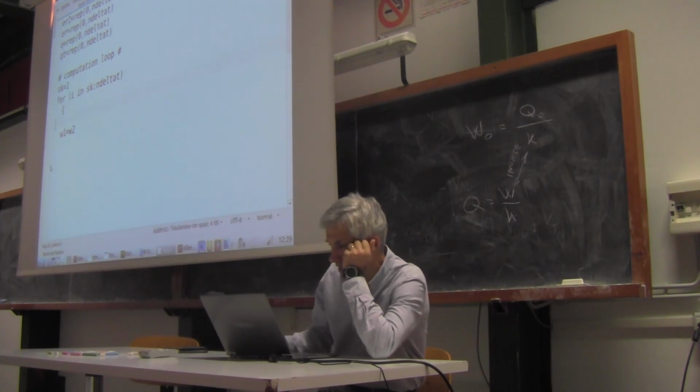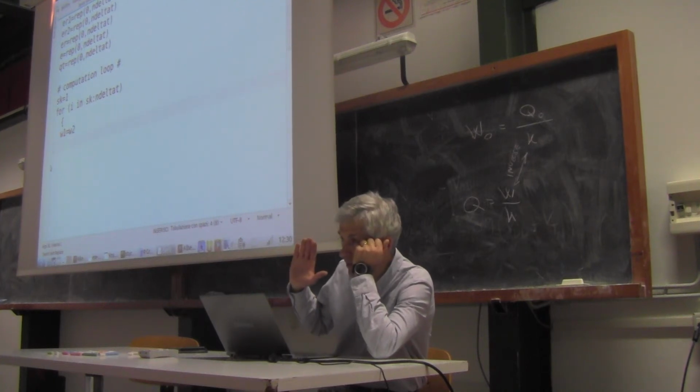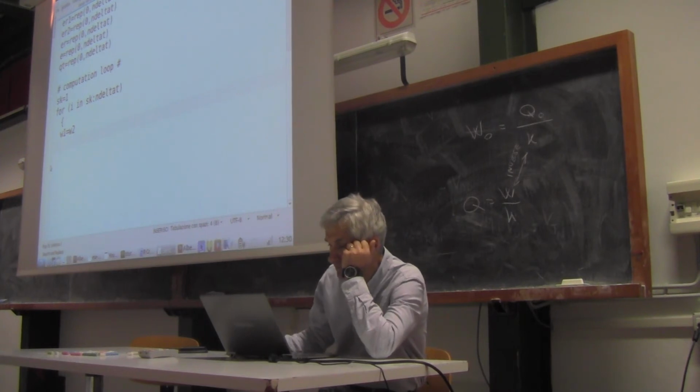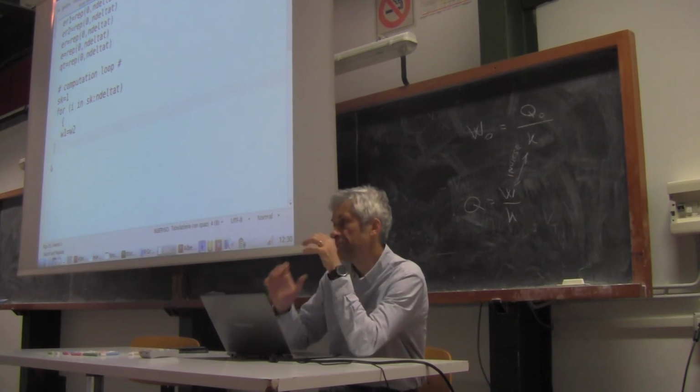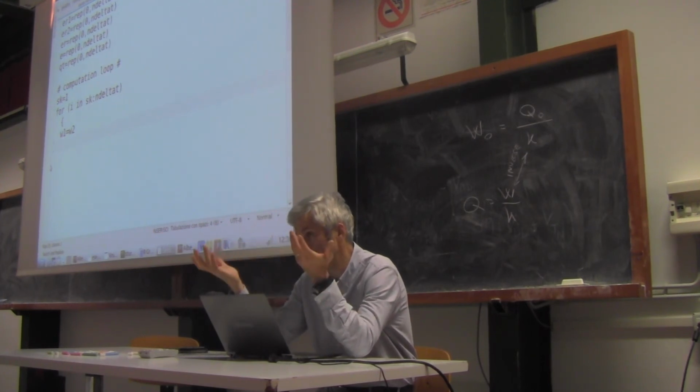Now I have to use a second curly bracket to mark the beginning of the for cycle. Now I am defining another W. Why do I need another W? Because W is the storage into the catchment.